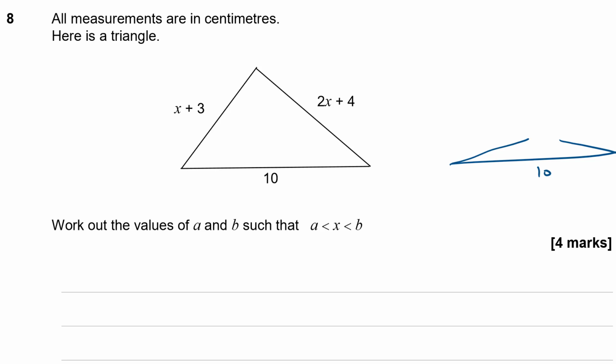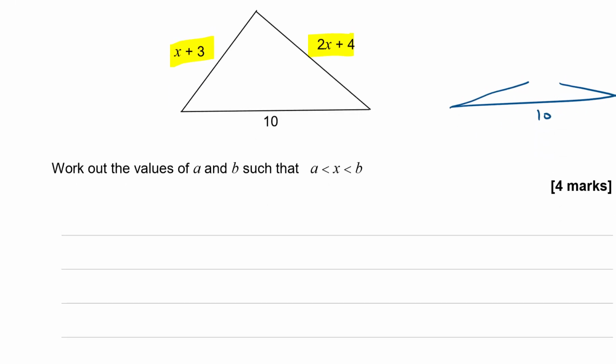So the two sides, x plus 3 and 2x plus 4, between them have got to be greater than 10.